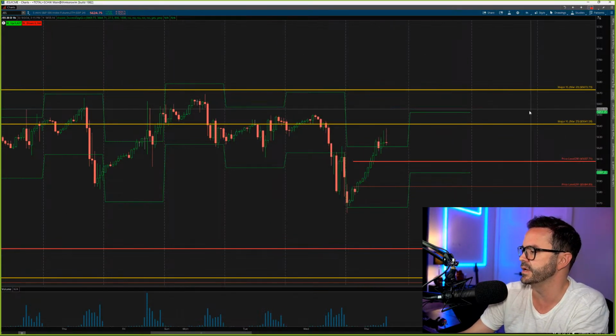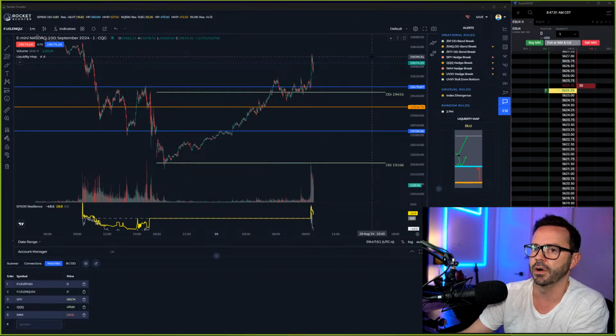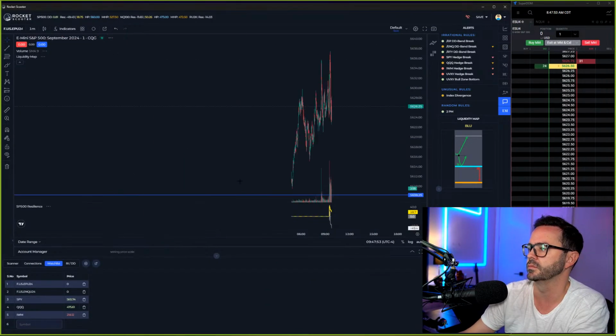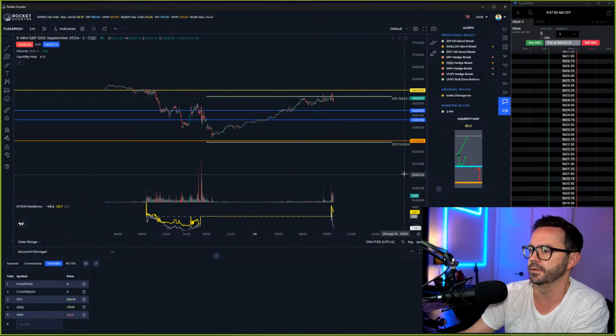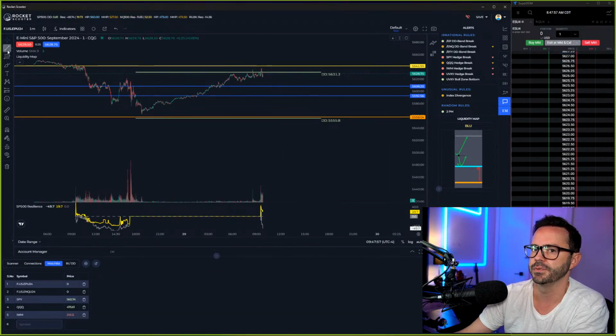So these are pivots today, 5607, 5641. We're going to go all the way back to here. Make sure we draw those on there.